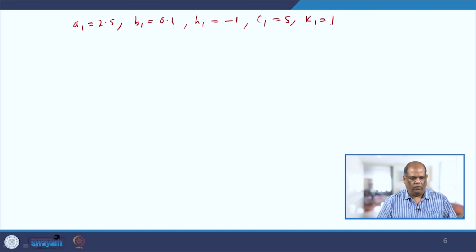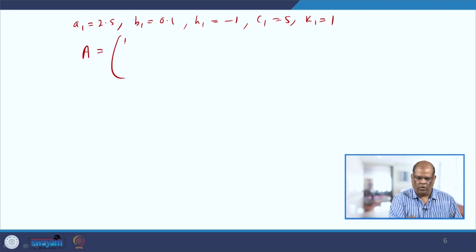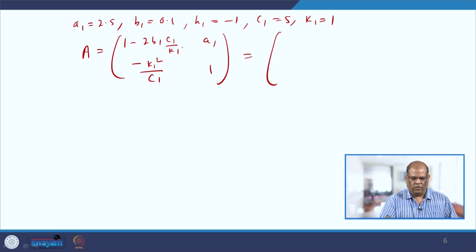And if you put those values in A, which is 1 minus 2 b1 c1 by k1, a1, minus k1 square by c1 and 1, you will get 0, 2.5, minus 0.2 and 1.